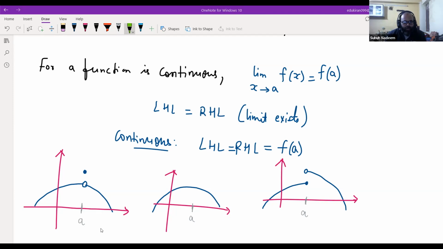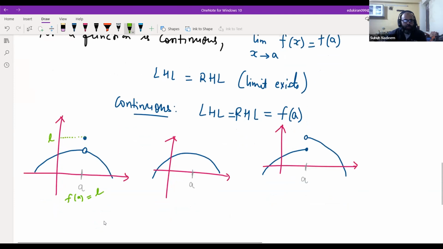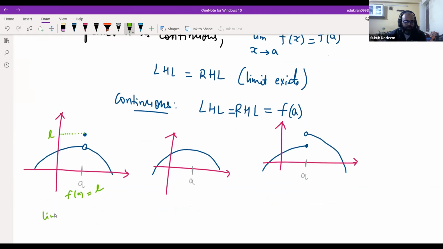So just listen. At A, this f of A is having this value, right? This is the value at A. This is L. If you talk about the limit x approaching A f(x), that value is this value. Suppose call it M. So limit exists, that is the left hand limit and right hand limit both are equal.